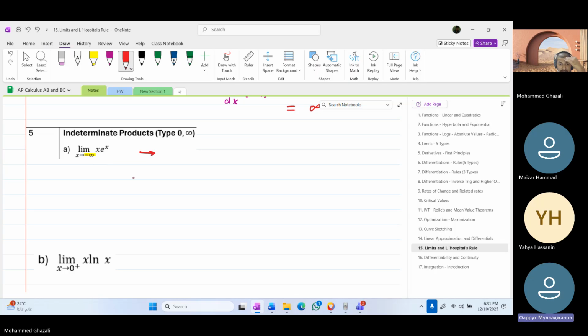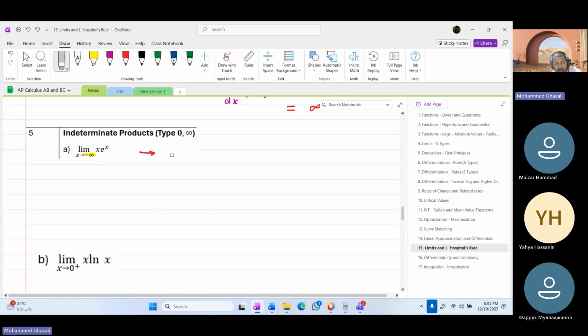It's going to be negative infinity times e to the power negative infinity. That's almost 0. So we need to convert this into L'Hopital's rule.